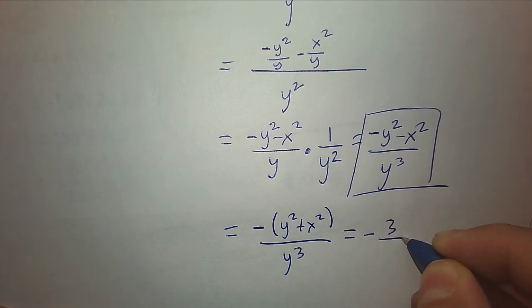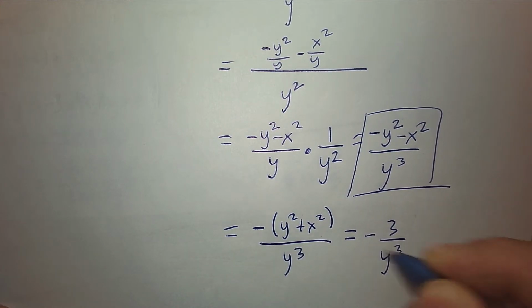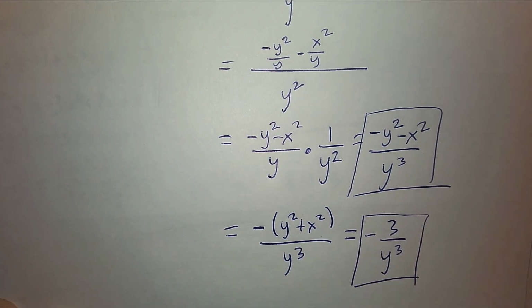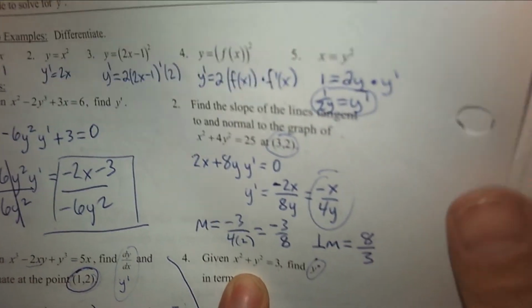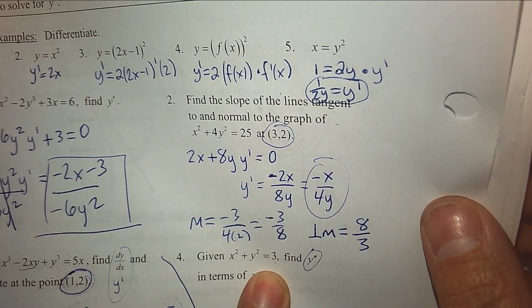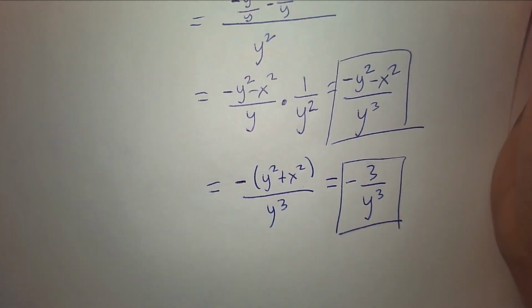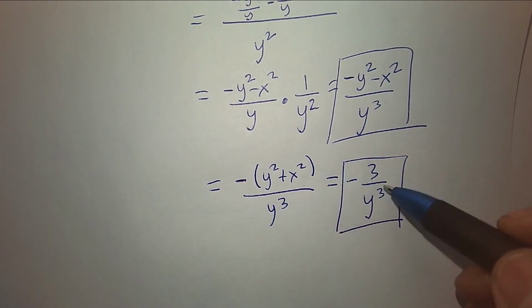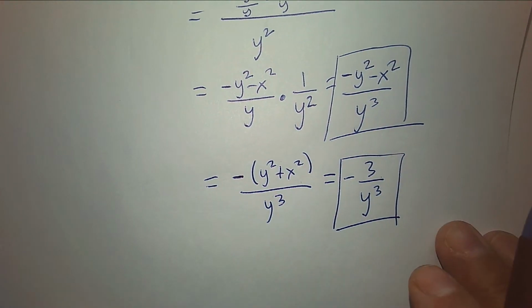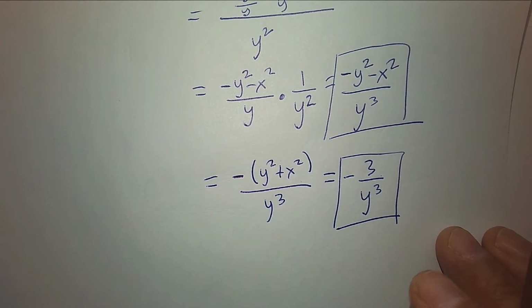It equals 3. Why do I know it equals 3? The equation at the beginning said y squared plus x squared equals 3. So y squared plus x squared, order doesn't matter how you add, is the same as 3. And there you go. You found the second derivative in terms of y only.